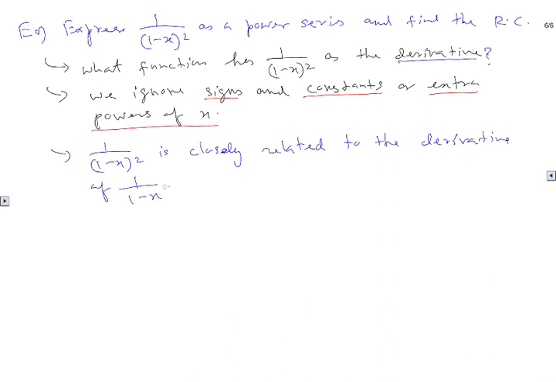So that's the starting point. Once you take the derivative of 1 over 1 minus x, due to the quotient rule or the chain rule, you're going to get 1 over (1 minus x) squared. So that's the whole point.